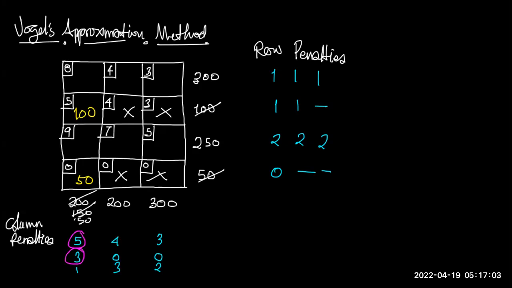Which is the highest penalty? 3, right? When we compare 1, 3, 2 and 1, 2, 2, the highest is 3. So this 3 belongs to the second column. So go into the second column and assign the list costs.